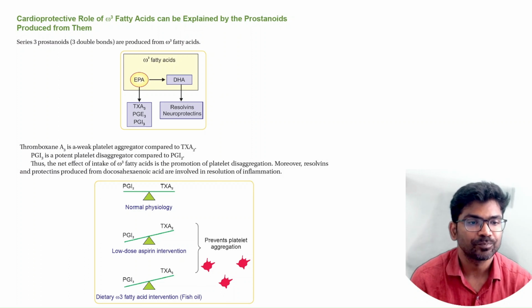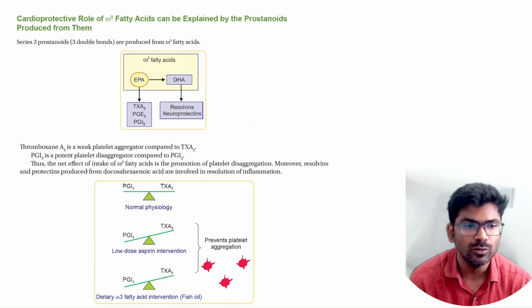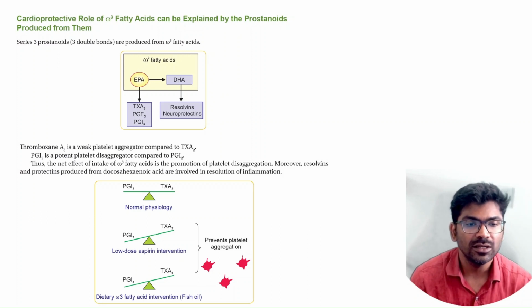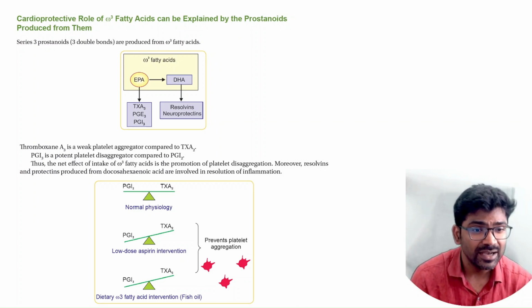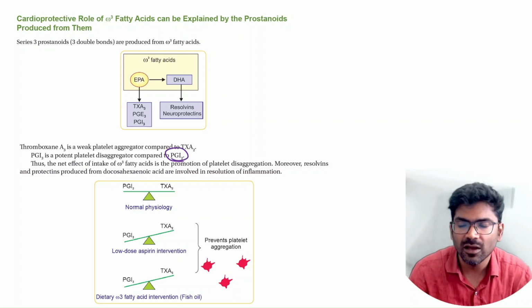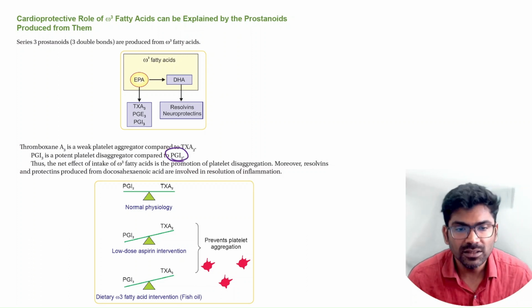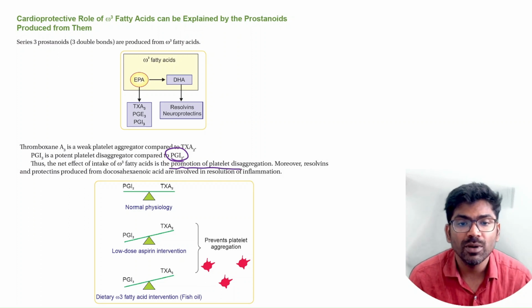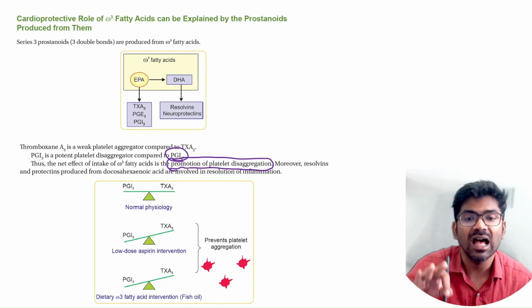You can see that thromboxane A3 is a weak platelet aggregator compared to A2. PGI3 is a potent platelet disaggregator compared to PGI2. So the net effect of intake of omega-3 fatty acid is the promotion of platelet disaggregation, otherwise inhibition of platelet aggregation, right?